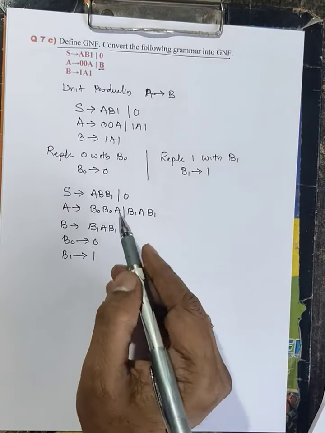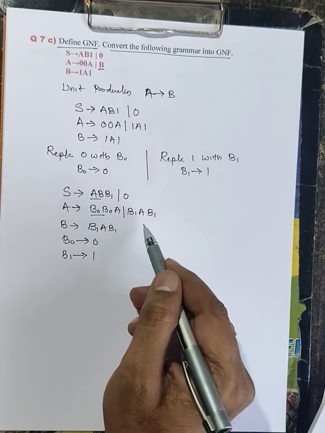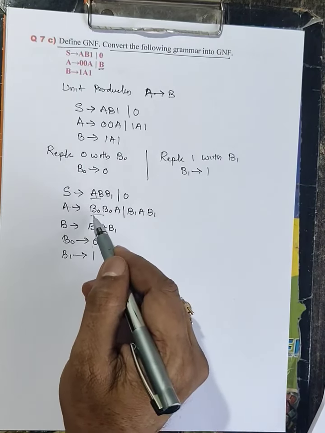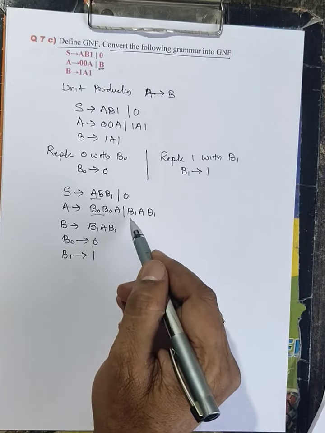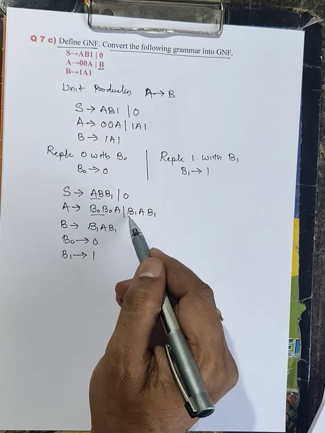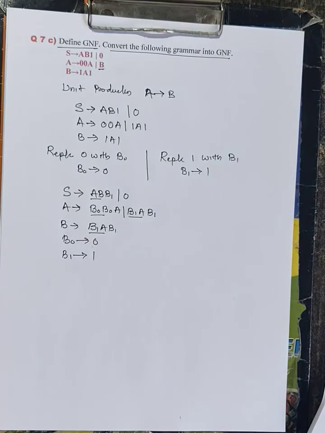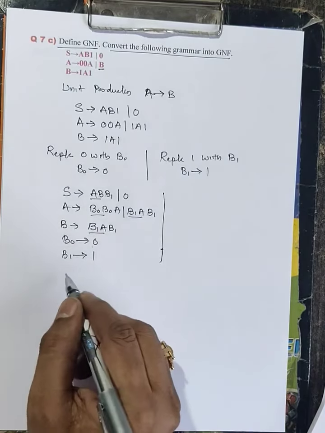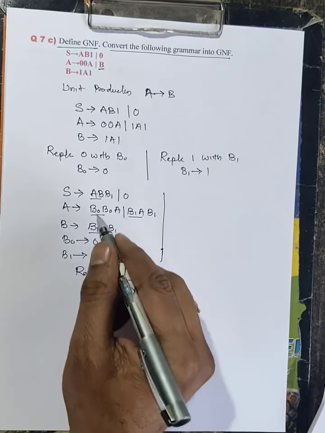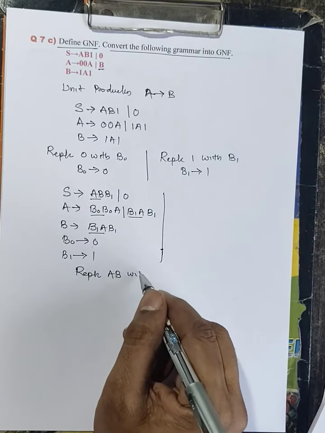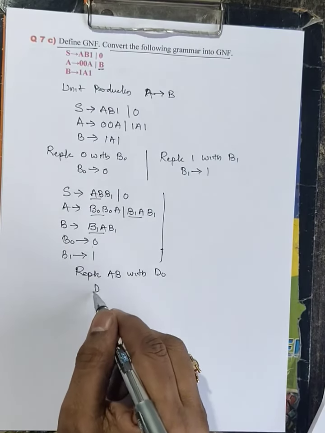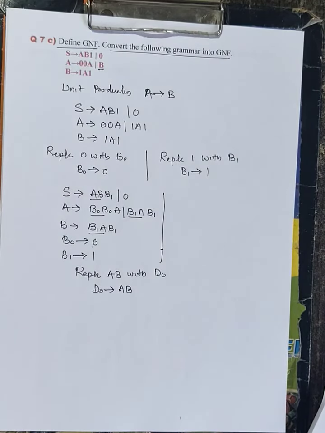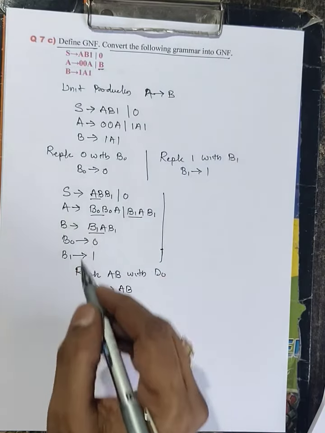Again, within this, the non-CNF productions are AB, B0 B0, and B1 A, so for these three we can assign new variables. Replace AB with D0, D0 produces AB.